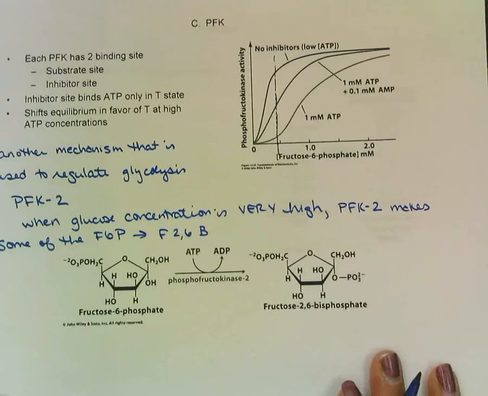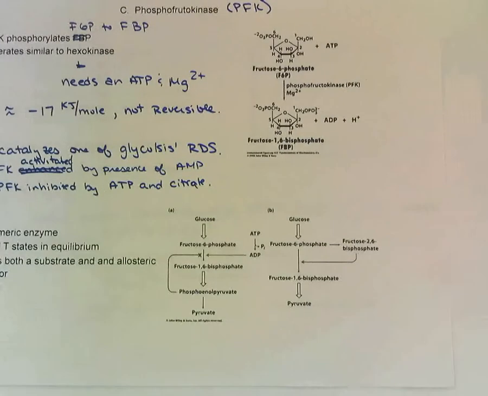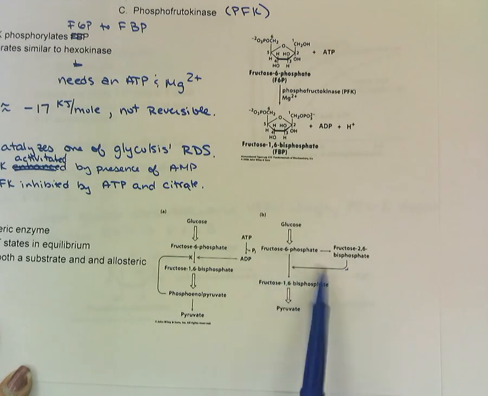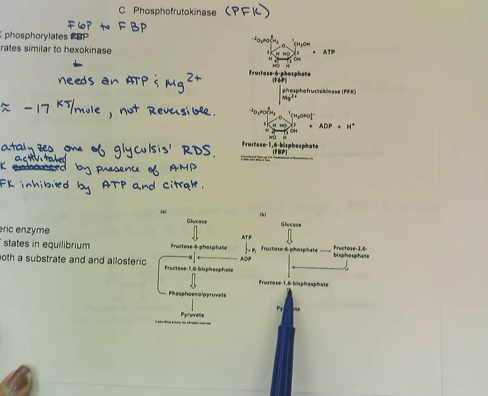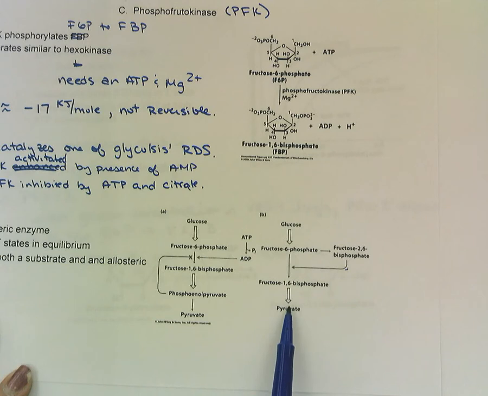So when glucose concentration is very high, PFK2 activates and starts converting some of that fructose 6-phosphate into fructose 2,6-bisphosphate, which, going back to the figure on the previous page, is an activator for this mechanism. So fructose 6-phosphate can either be converted to fructose 1,6-bisphosphate or go through this mechanism and then enter glycolysis again.